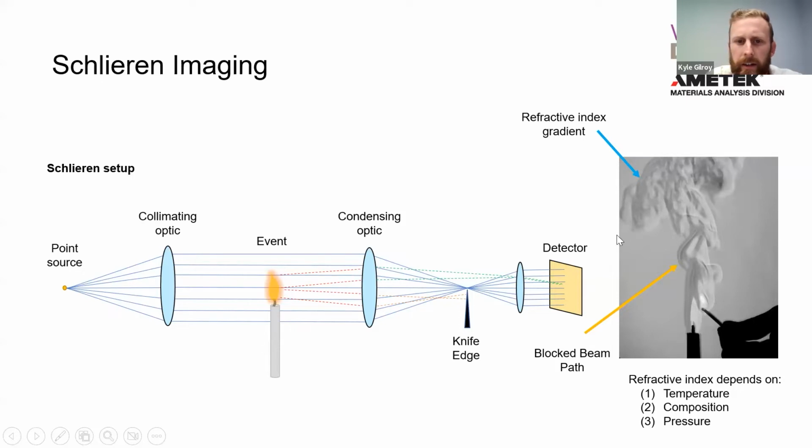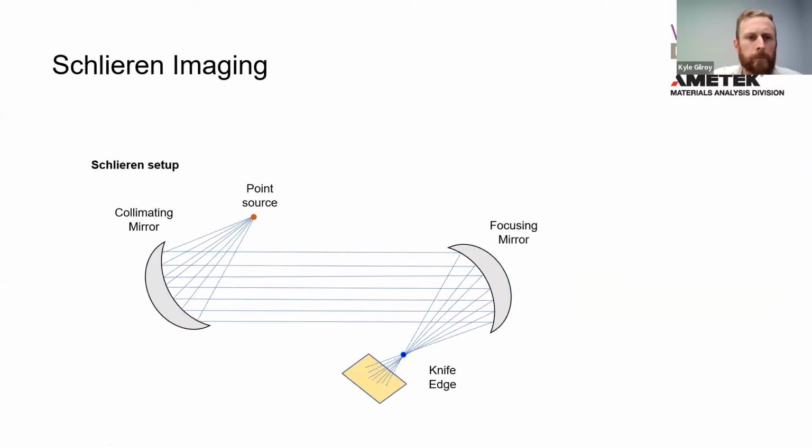We also have a more common optical setup called a Z setup. These Schlieren setups come in all shapes and sizes. In this case, instead of using a lens, you have a collimating mirror here, and this could be a parabolic mirror, it could be a spherical mirror. What it does is it serves the same purpose.